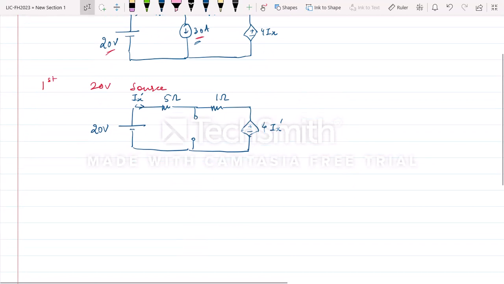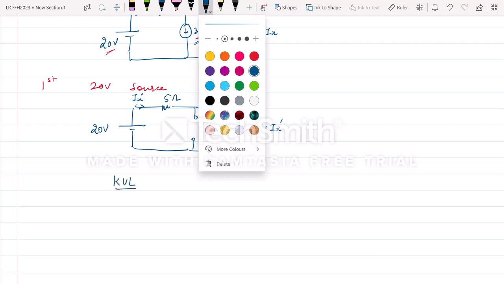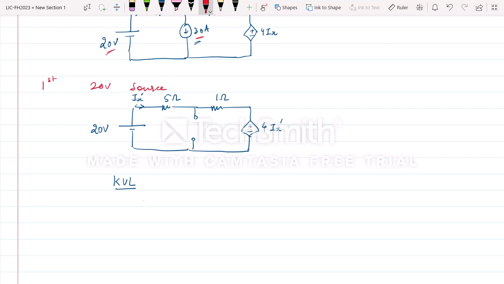Now we can find Ix dash. We can see there is only one loop, so we can apply KVL and write the equation. We are moving in the clockwise direction: plus 20 minus 5 Ix dash minus 1 into Ix dash minus 4 Ix dash equals 0.